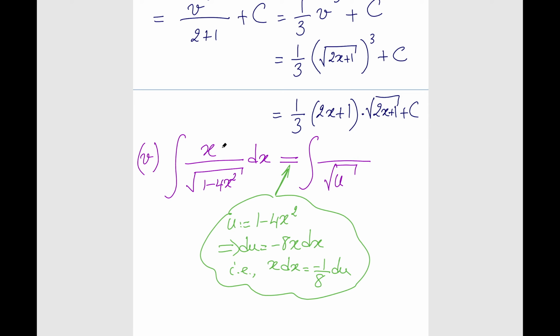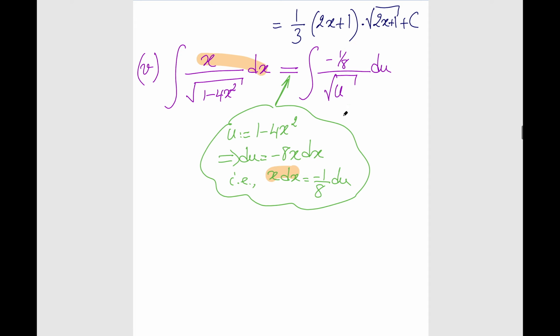And then x dx upstairs, what's x dx? Let me color it for you. The x dx here I can replace by negative 1/8 du, right? So that guy upstairs becomes negative 1/8 du. Make sense? Alright. So then what do we get?